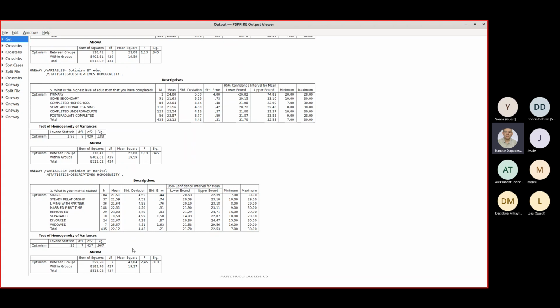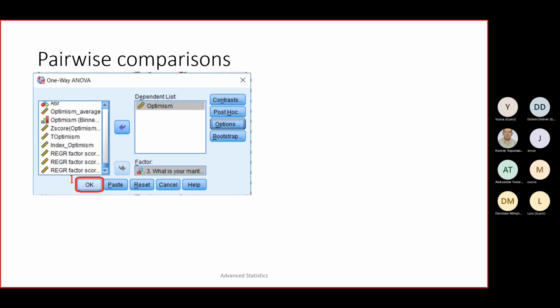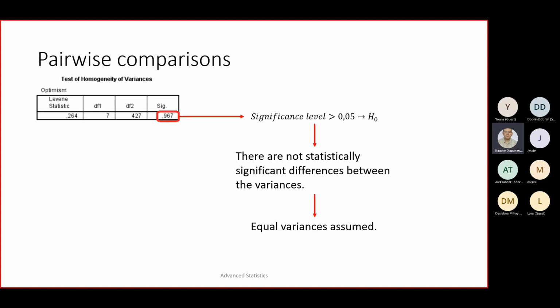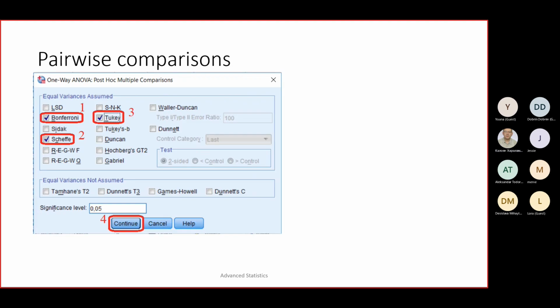After that, in SPSS, we must choose post hoc test, and here different methods are separated into groups: equal variances assumed and equal variances not assumed.